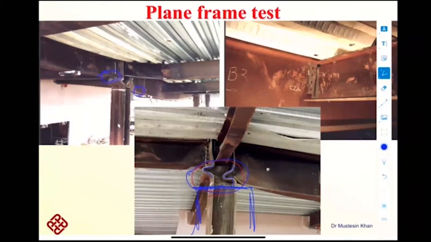And another important thing which they observed during these tests, especially the plane frame test, was the failure of these connections. You see, the bolts are missing in this connection, and this happened while the fire was cooling down. Because when the fire was cooling down, initially the beam had expanded from its original position, and when the temperature was reducing, it was trying to come back.